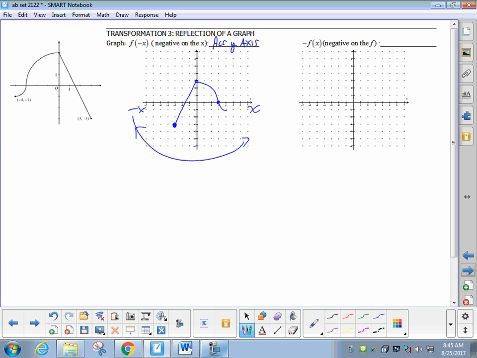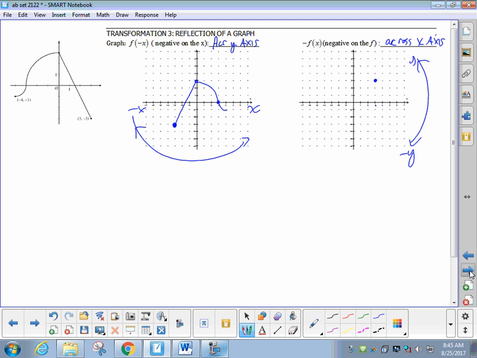Negative outside, that's changing the sign of y. If you change the sign of y from negative to positive, then we're going to be flipping across the x-axis. So tell me, it would be more like a line going up to the right, and so I still have the line on the right, but it'll go from 3 to 3, it goes 3, 3.